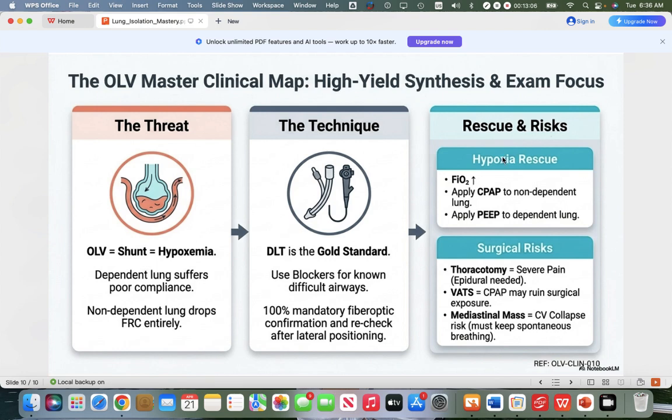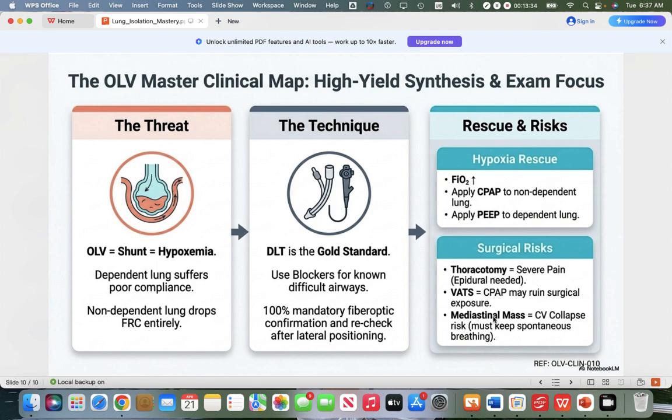Rescue under risk of hypoxia: apply CPAP to the non-dependent lung and apply PEEP to the dependent lung. Surgical risk: thoracotomy means severe pain, and we need epidural pain management. In VATS, CPAP may disturb surgical exposure, but it is very important that we use CPAP.